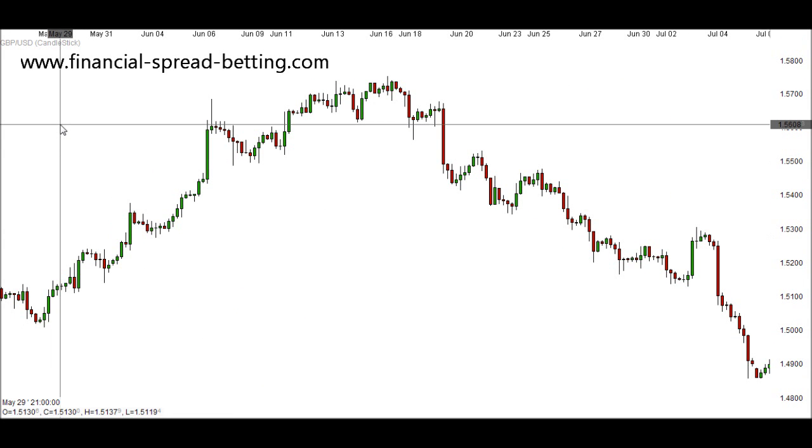Throughout June, we have an uptrend, which becomes a downtrend. This area where price changes direction would be considered a major resistance area in the market.